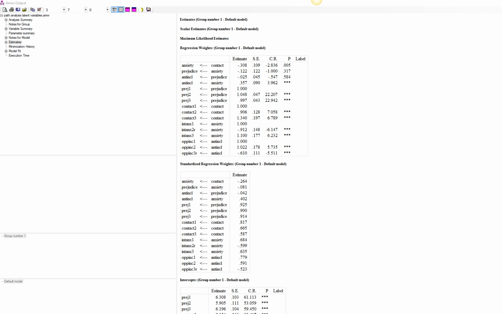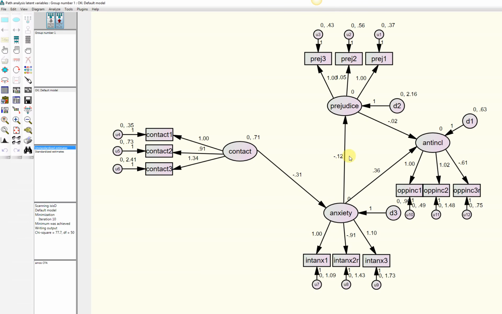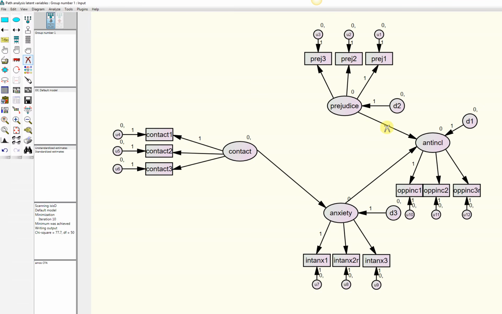So I'm going to go back, anxiety to prejudice, and prejudice to anti-inclusiveness. I'm just going to click on that here. And for argument's sake, let's add a path from contact to prejudice and see what happens.